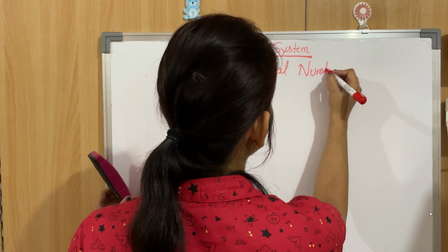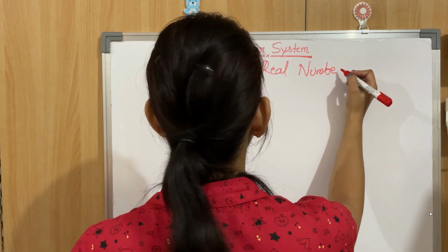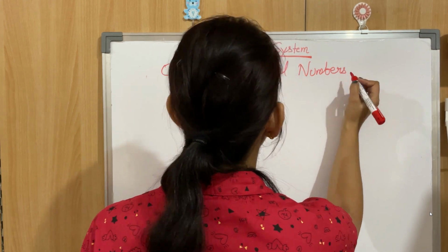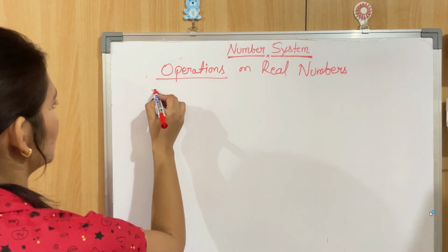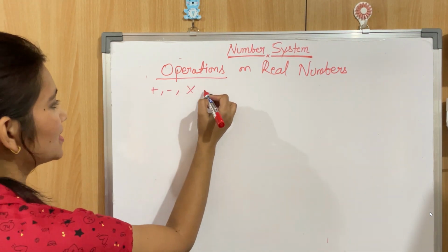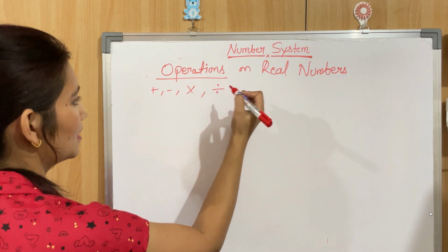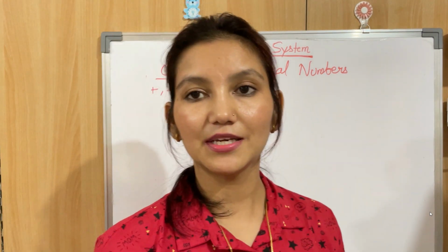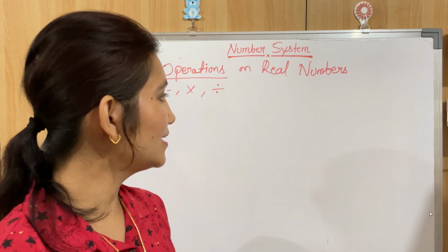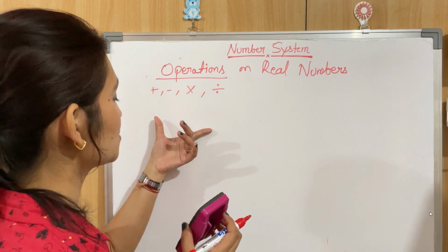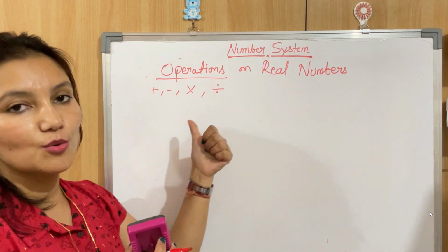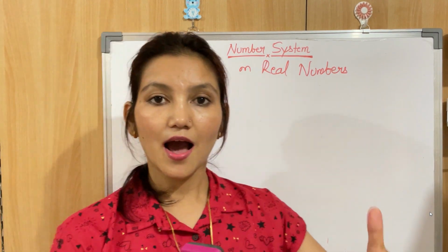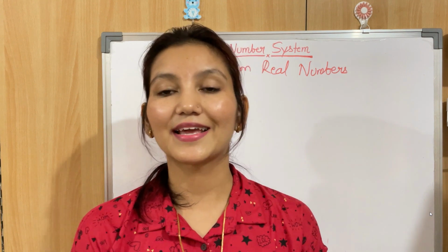Basically there are many operations in mathematics, but there are 4 basic operations: addition, subtraction, multiplication and division. These are the basic mathematical operations. So if we perform any of these operations on real numbers, how are they going to react?